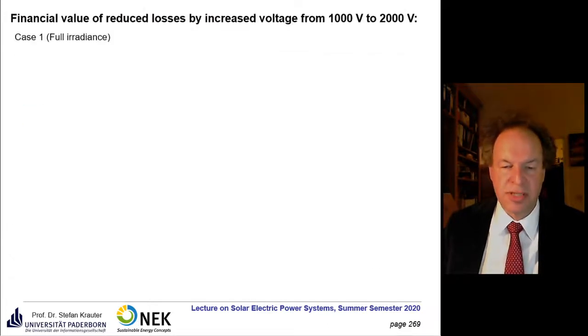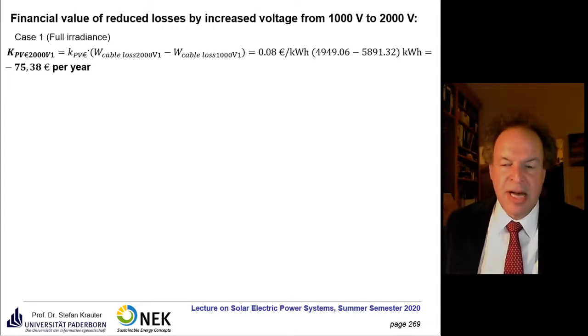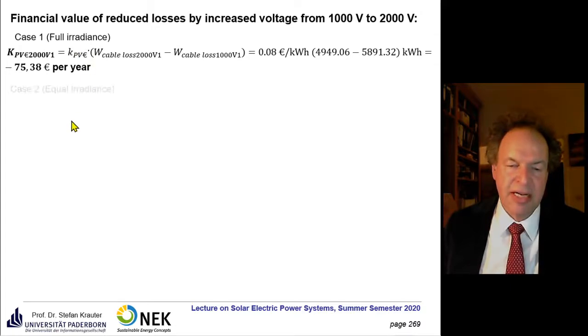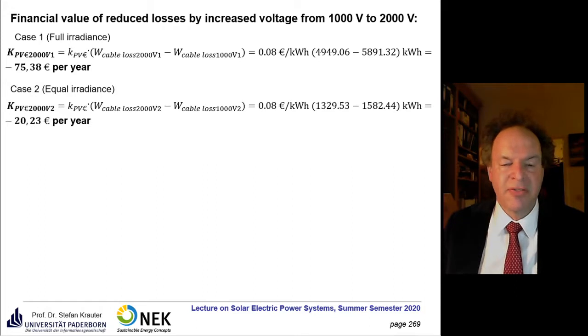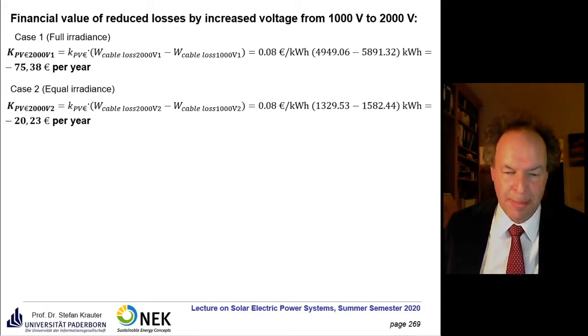For 2000 volts, same procedure, and then we arrive at 75.38 euro per year of benefit for the full irradiance calculation. And if we take an equalized irradiance here, we would have only 20.32 euro per year.